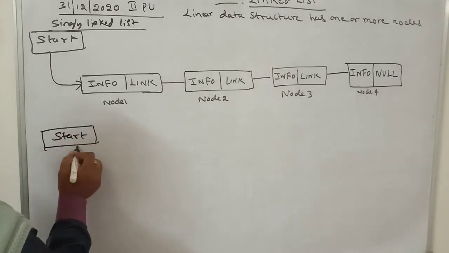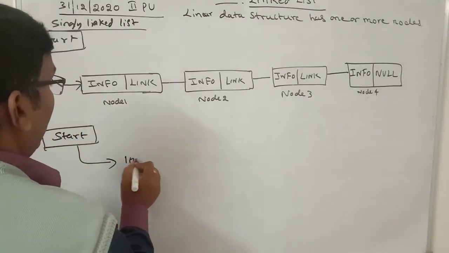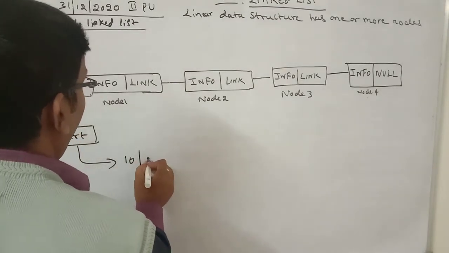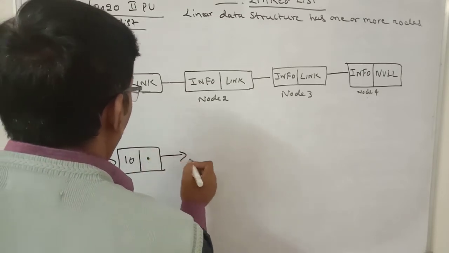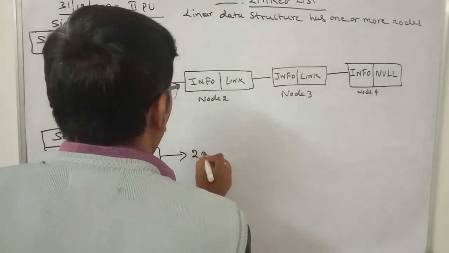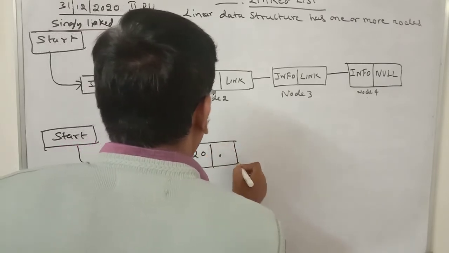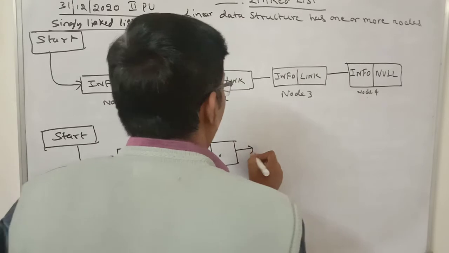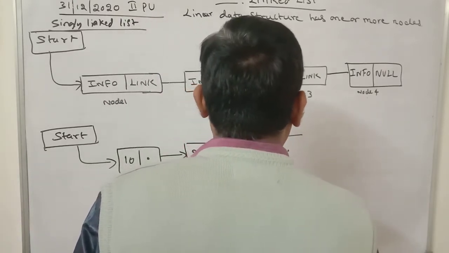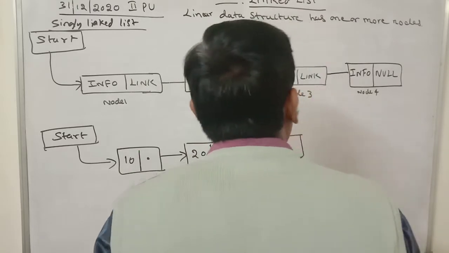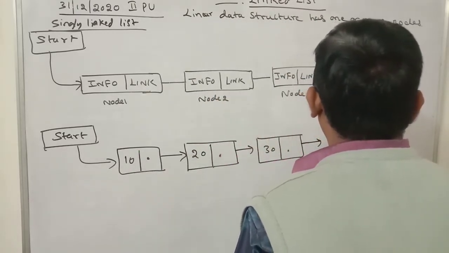From the start pointer, the information part can hold 10, then the link part, and another one is 20, then the link part, and another one is 30 and the link part, and the next one is 40, then null.